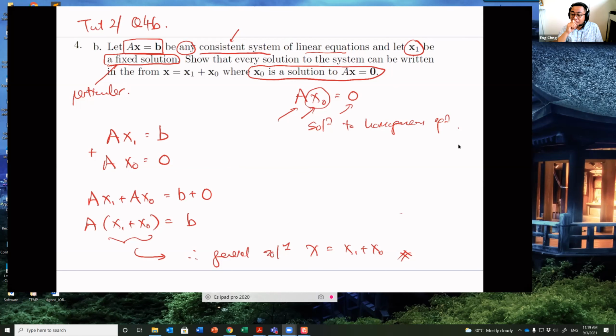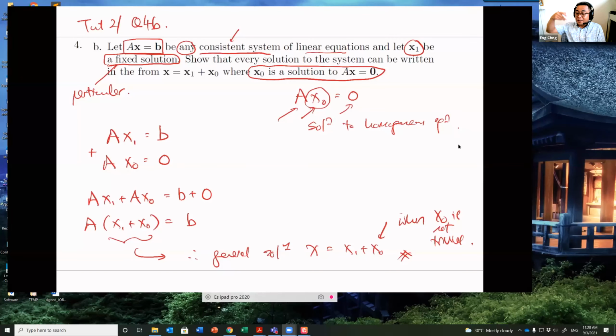You already know a system of linear equations can have 0 solution, one solution, sometimes called unique solution, where one means unique, or infinite solution. It's infinite when x0 is not trivial.